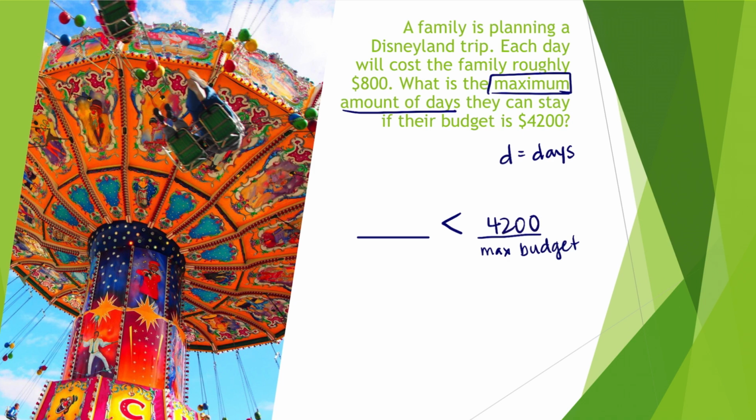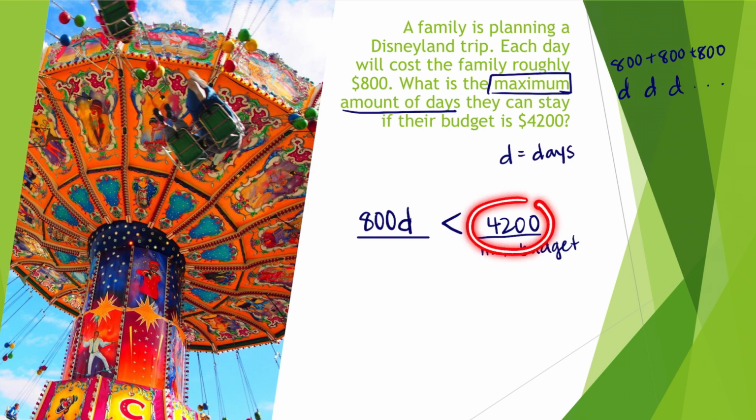So that means for every day, all of these, 800 plus 800 plus 800, has to be less than 4,200. Whenever you keep each day at that same cost, you can really just say 800 times the variable, or 800D. So this would be my inequality. Just pause the video if you need to and make sure you know where all these numbers came from.